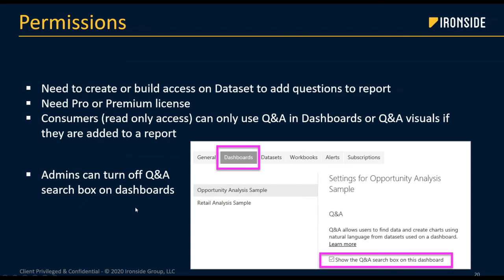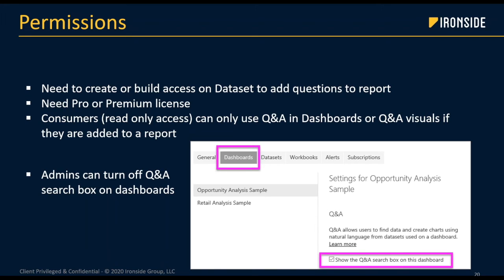So some things here about permissions. Out of the box, it does work, but you need to know that just like any other visual or any other report, if somebody wants to build it from scratch, then they obviously have to have build or create privileges on the data set, right? If not, then what would have to happen is, again, you would have to have somebody build a report with the visual in the report itself.